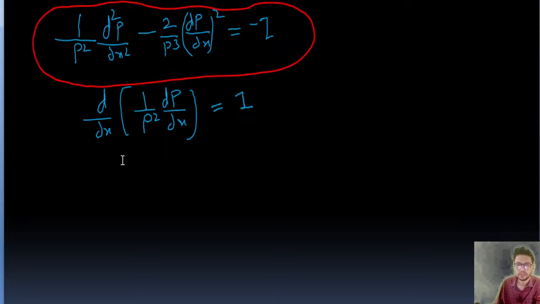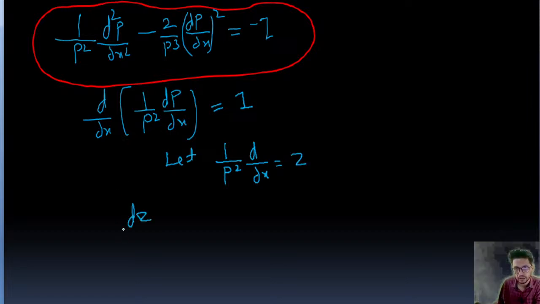Okay, now we'll solve it. So let 1 upon p square dp upon dx be z, okay? So this equation is going to be dz upon dx equal to minus 1, right?